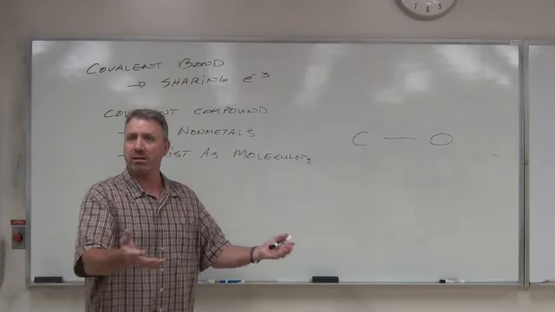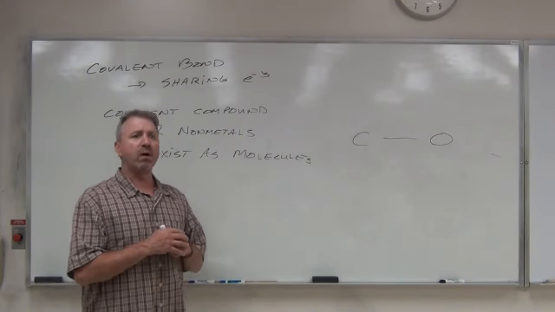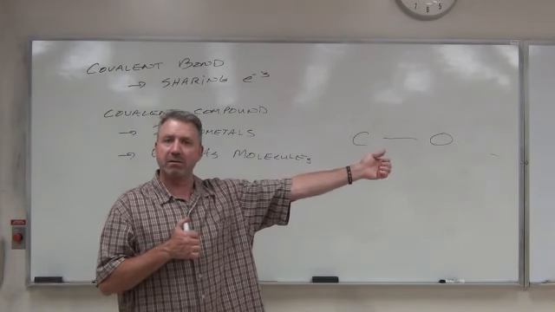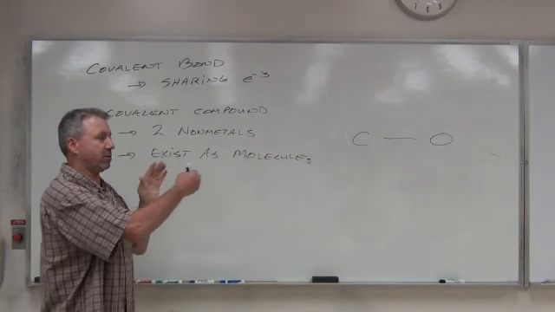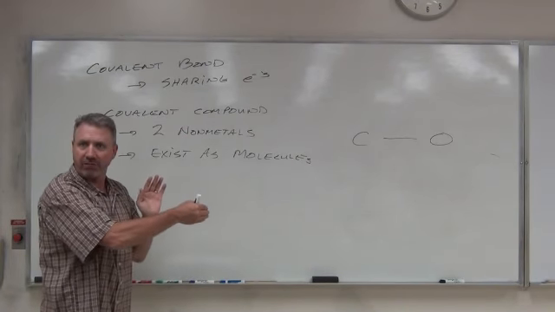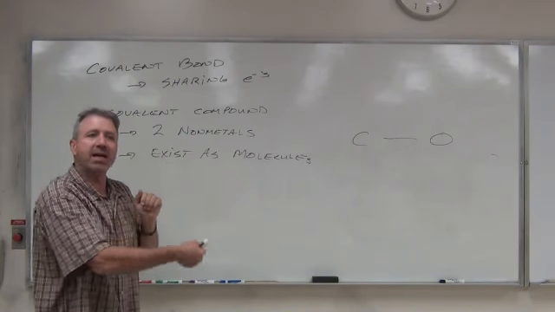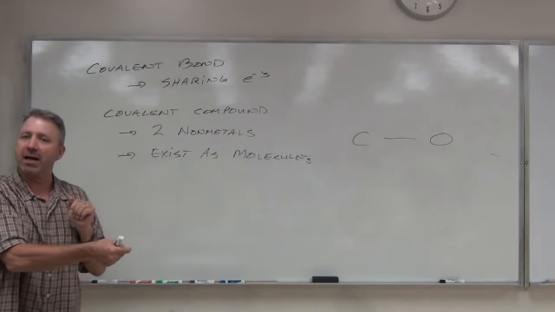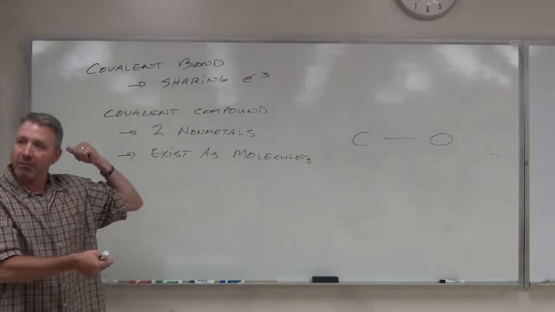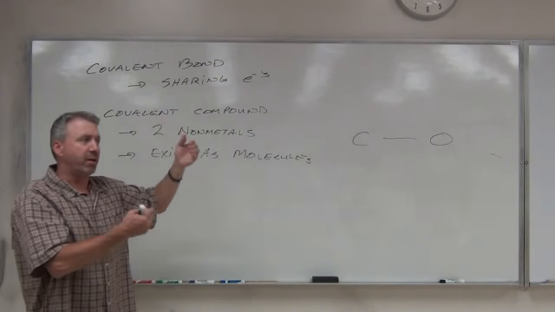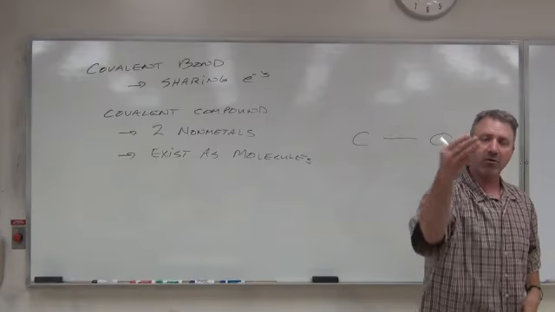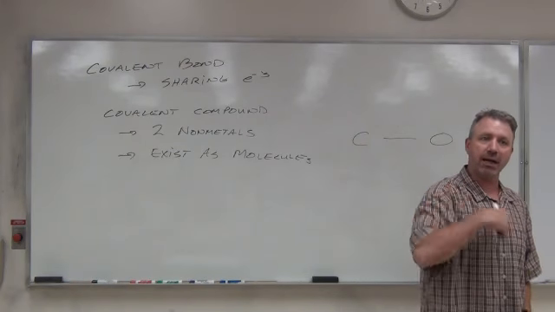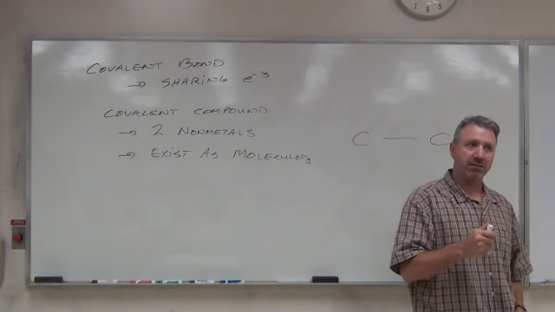It's how much it wants electrons. Now, we already know that the nonmetals should be highly electronegative because nonmetals, according to the electron configuration, always take on electrons to complete their octet. The metals give them up. So the nonmetals are strongly electronegative. They want electrons so that they can complete their octet.